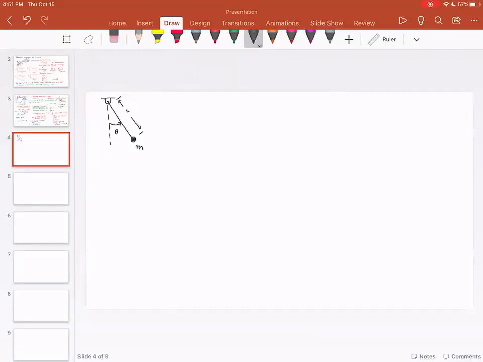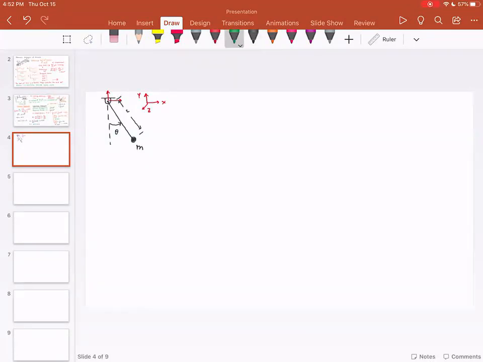I'm going to assume again the same coordinate system. Please note, I have X, Y, and Z. This is X, Y, and Z is coming out. So this is the coordinate system that I'm using. First and foremost, I want to solve this problem using Newton's technique.